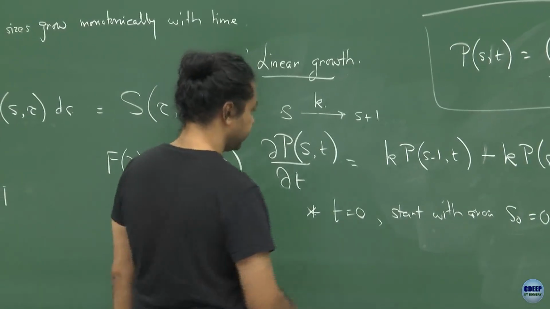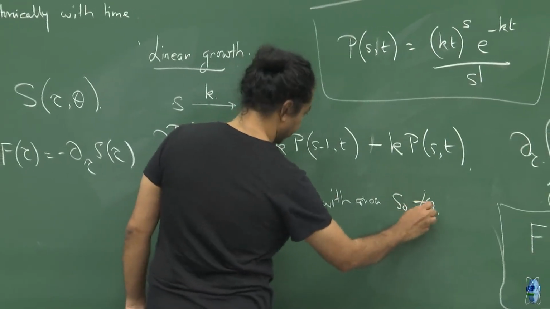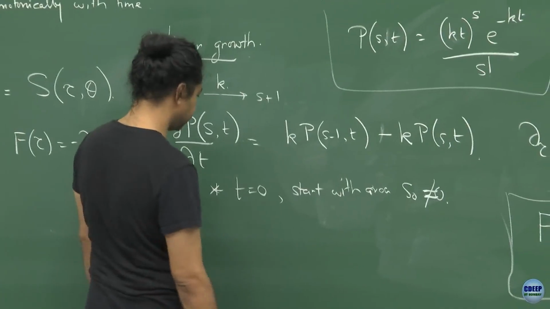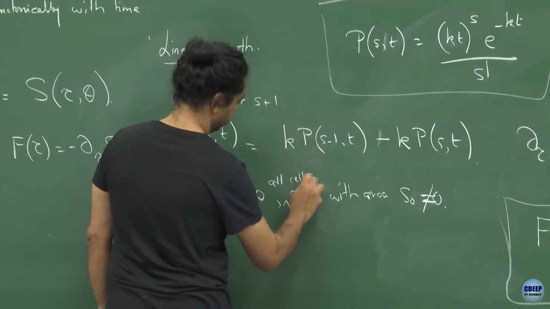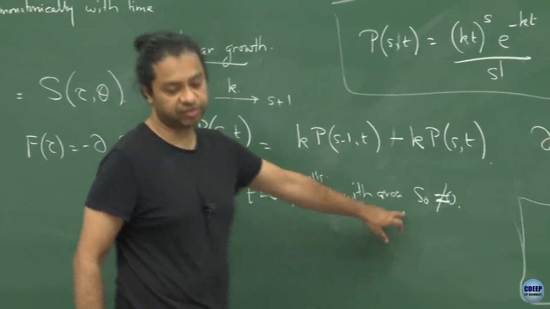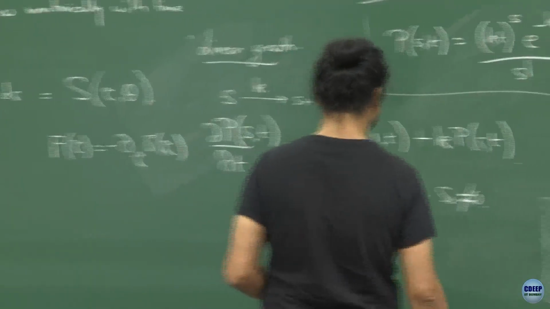Now, what you can do is show that if you were to start with some non-zero value of S naught, where all cells start with S naught, but now this S naught is no longer equal to 0, in that case, you just get a shifted Poisson.